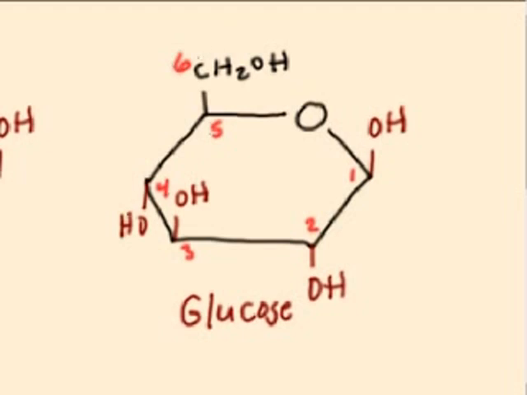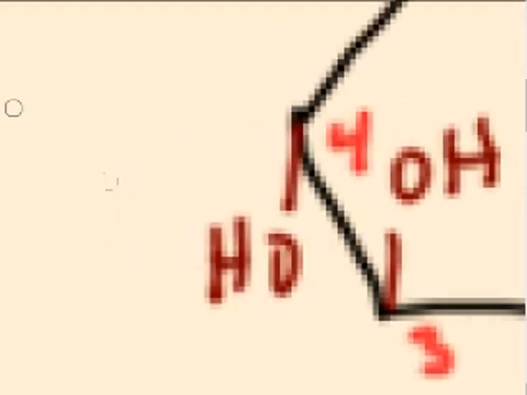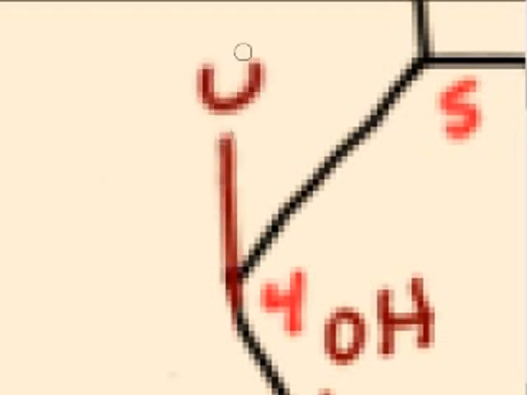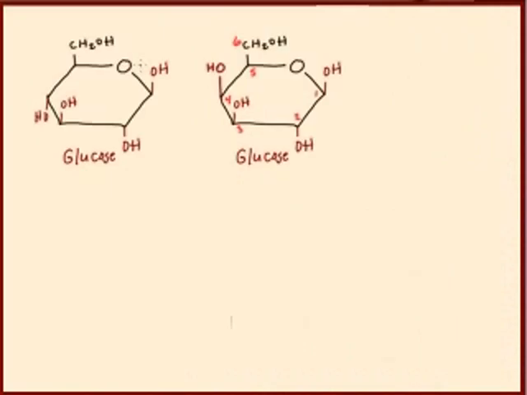And so we're going to change the orientation of this hydroxyl group on carbon number 4. Let's get rid of this OH group. Very good. Now, let's put the OH in the up position. And that's all we have to do.